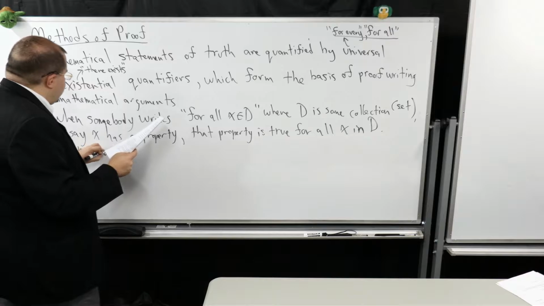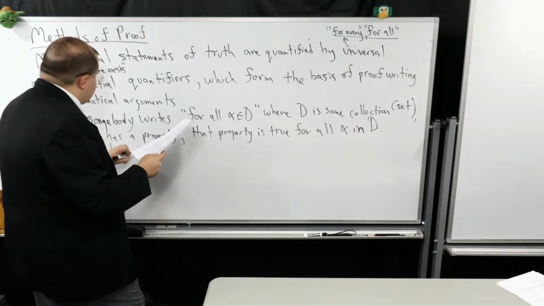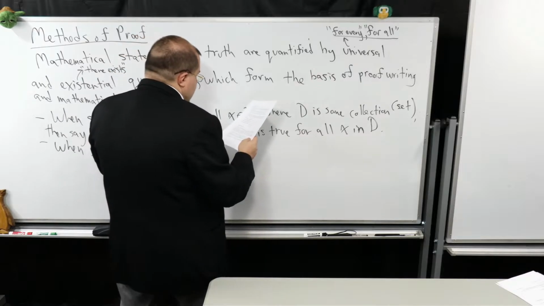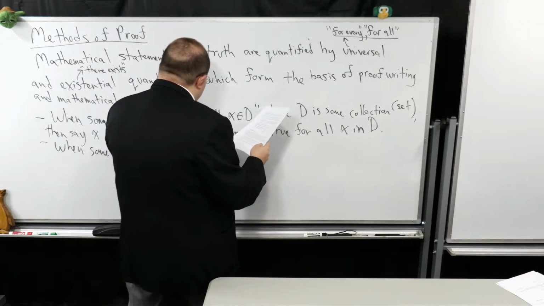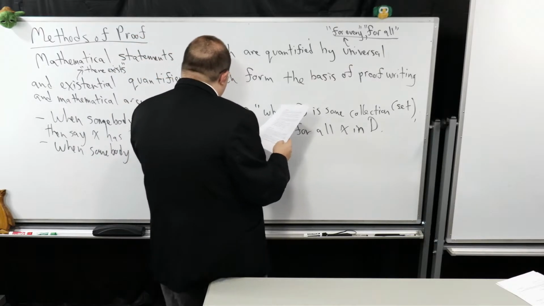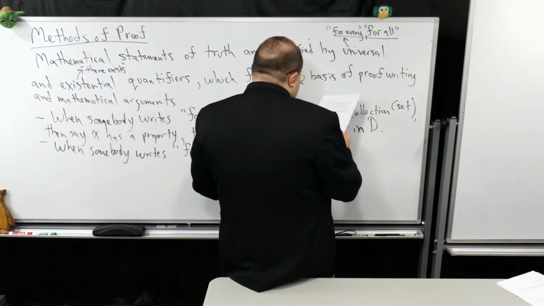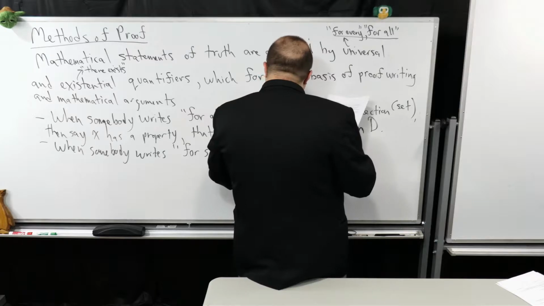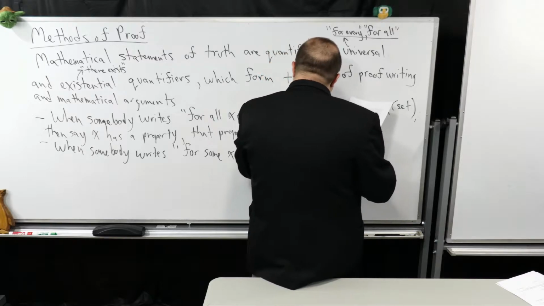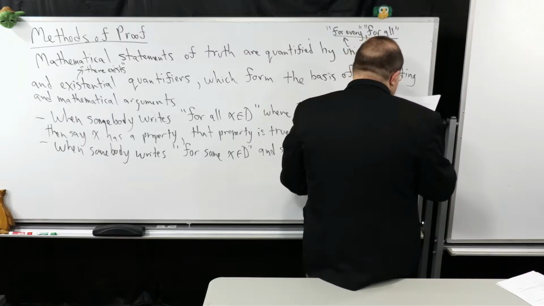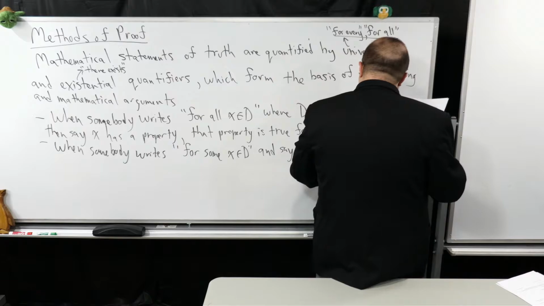When somebody writes for some, notice the change of language here, for some x in D, and says x has some property. I'm being kind of open-ended here.